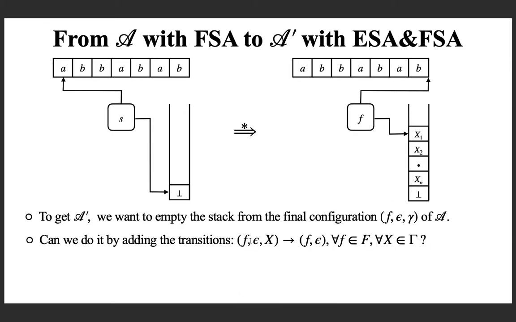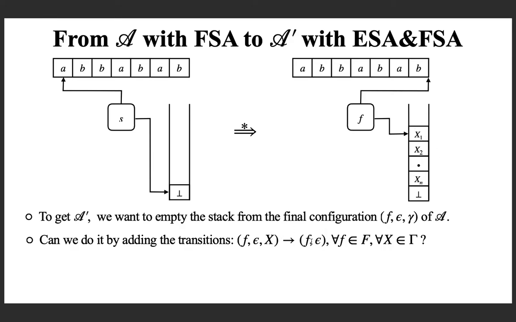What I am going to do is add a transition from each final state F in the original automaton. If there is nothing to be processed, then you look at the topmost symbol, whatever it is. It is an arbitrary stack symbol, so it could be x1, x2 or anything.